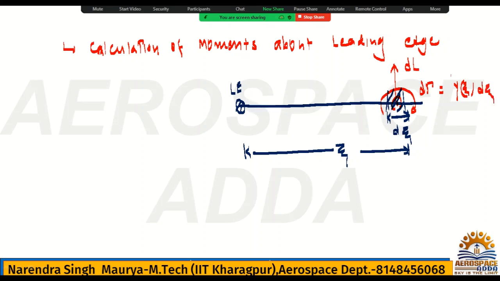If it is along the chord, it is 0 to c. Anyway, we'll see that. But at least for this segment, the circulation is nothing but gamma d xi. Now if you take the moment about this leading edge, because the length is given, you can write here, taking moment about leading edge.